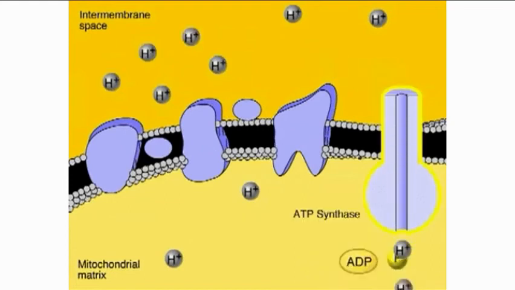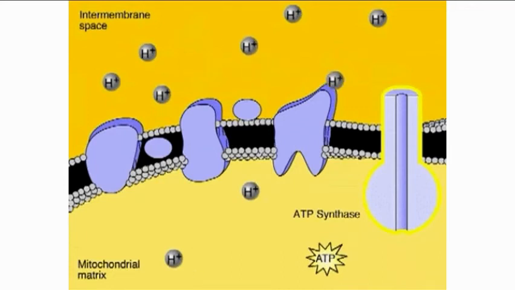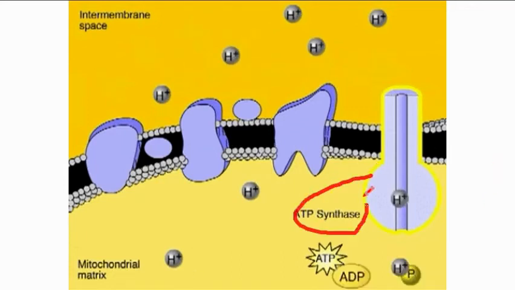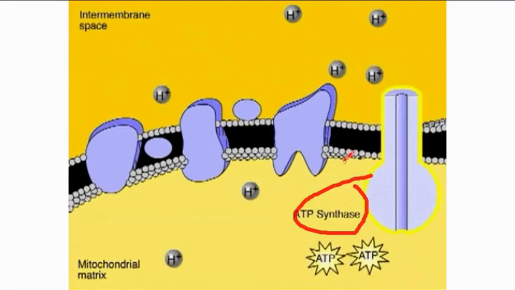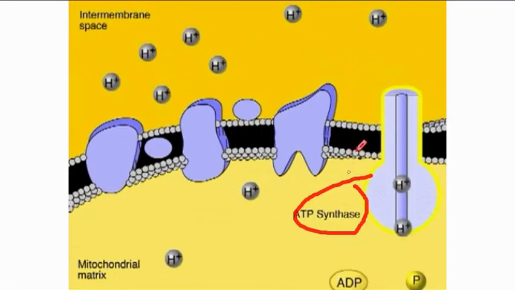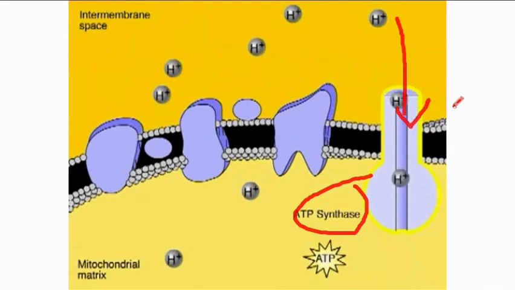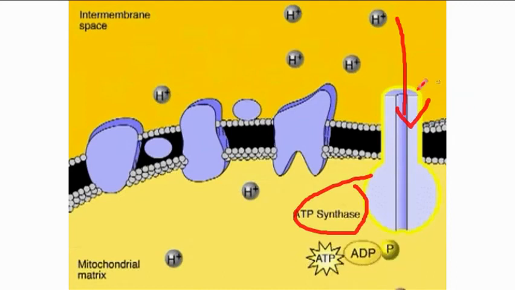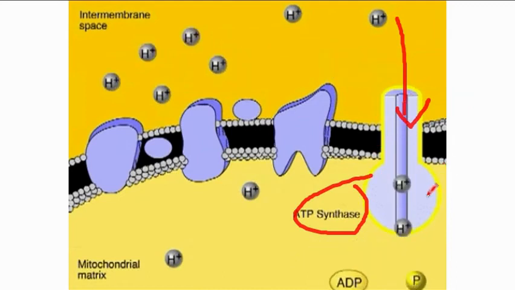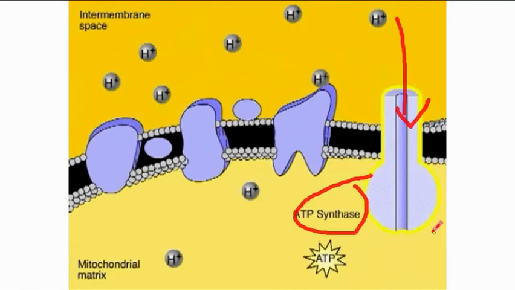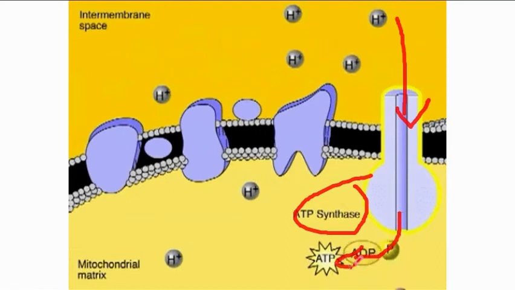The inner mitochondrial membrane contains enzymes known as ATP synthase. The charge difference across the membrane forces hydrogen ions through the channels in these enzymes, actually causing the ATP synthase to spin. And with each rotation, the enzyme grabs an ADP molecule and attaches a phosphate group, which produces ATP.